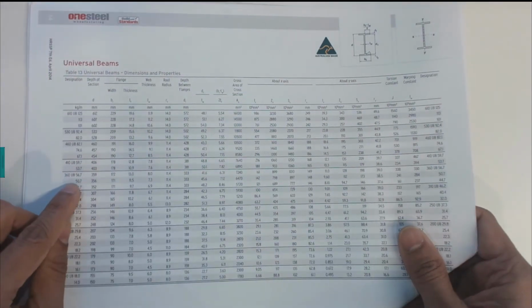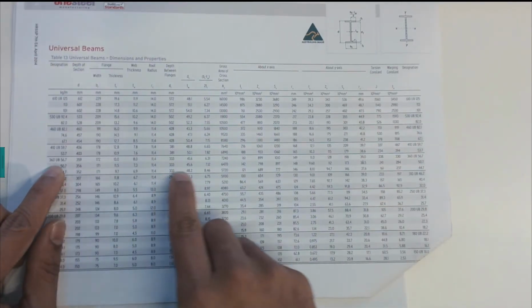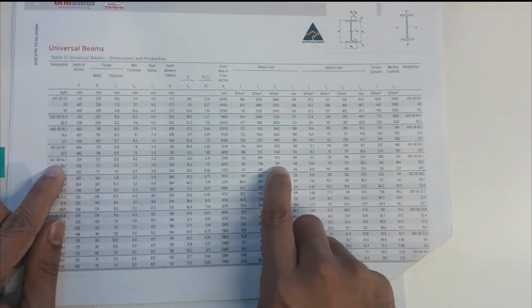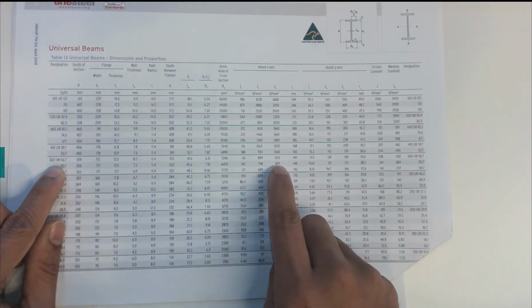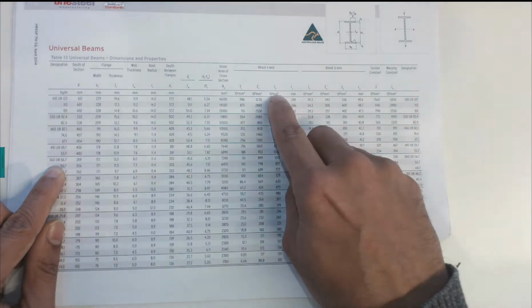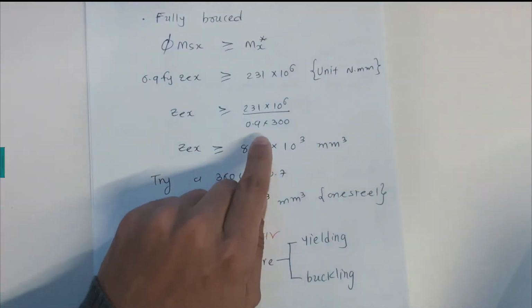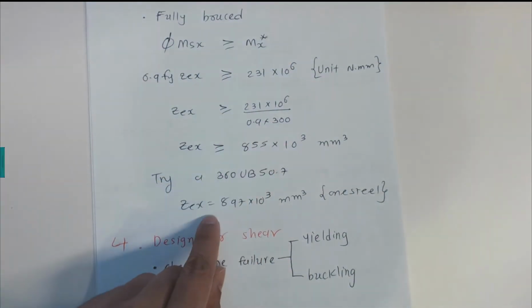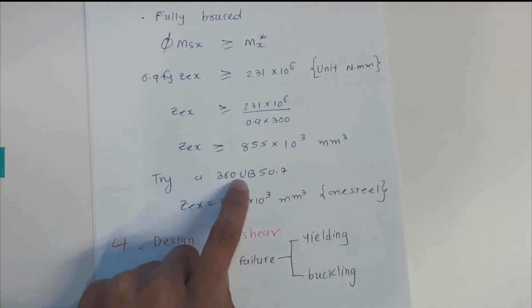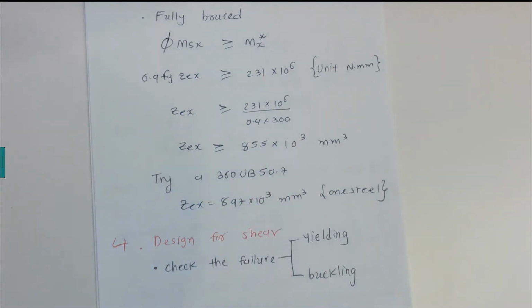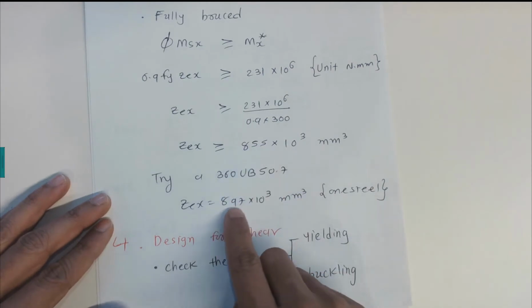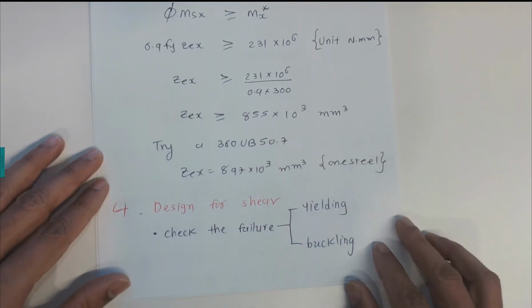We are selecting 360 UB 50.7, and the ZX value is 897. That's what we are selecting: 897 times 10 to the power 3, which is greater than 855. So the trial section is 360 UB 50.7, which has a section modulus more than 855, namely 897, taken from the OneSteel tables.